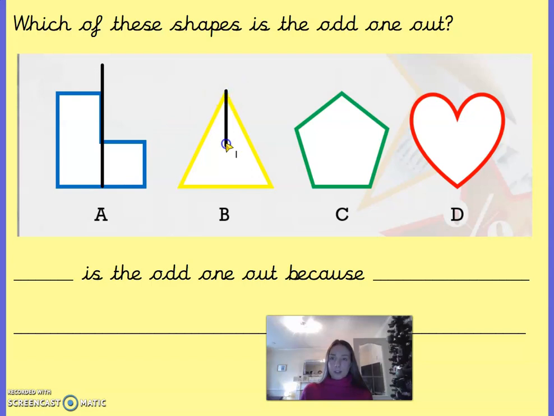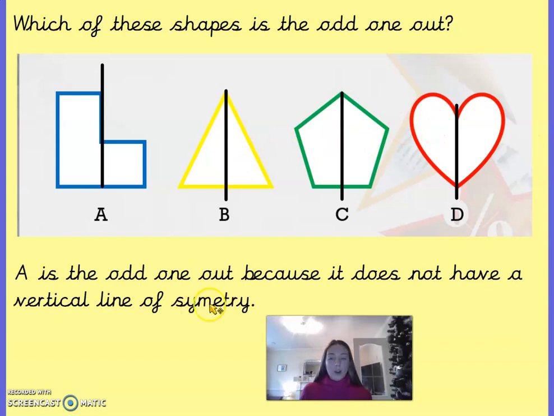Just going to draw my vertical line of symmetry down B, and C, and D. So I can see both B, C, and D all have vertical lines of symmetry. So we know that A is the odd one out because it does not have a vertical line of symmetry.